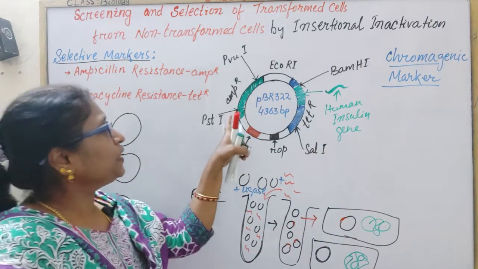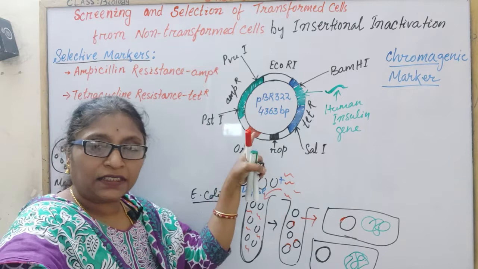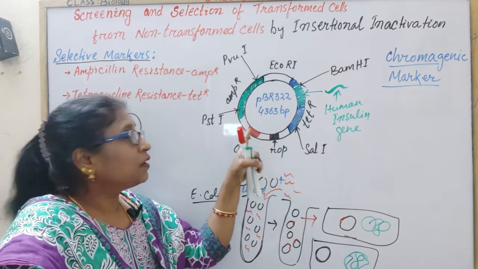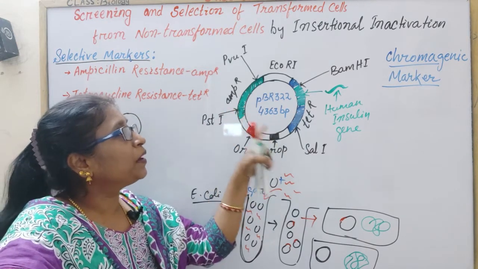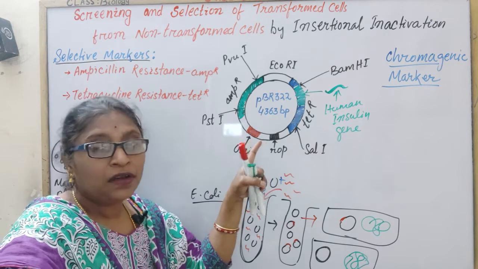As the plasmid contains two resistance genes, they are resistant to the tetracycline or ampicillin antibiotic medium.